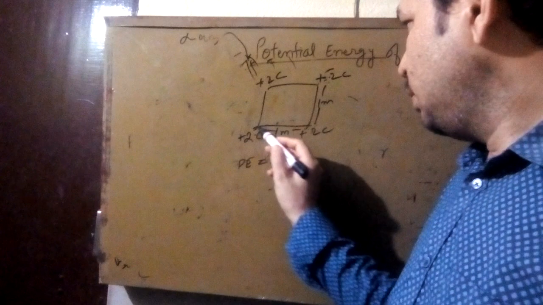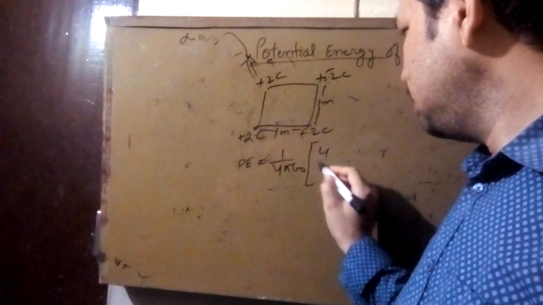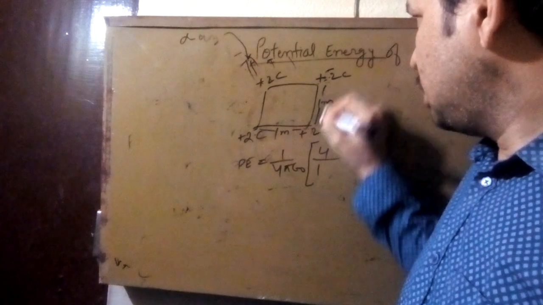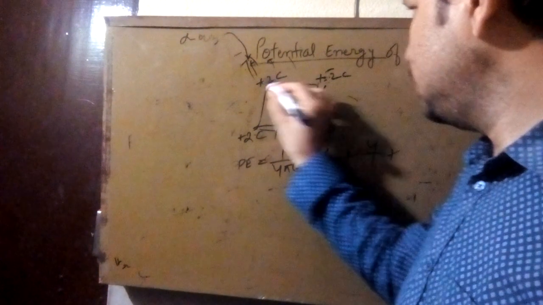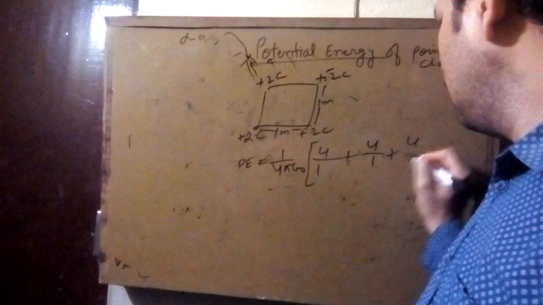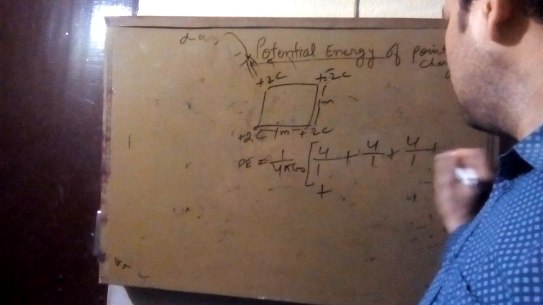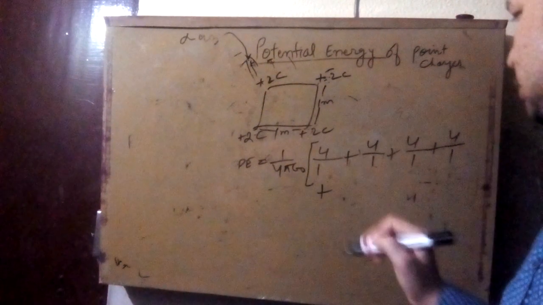Clear? So you can see 2 into 2, 4, divided by the distance 1, plus the product of these two charges 4, divided by the distance between them, plus 4 divided by the distance, plus 4 divided by the distance between them.